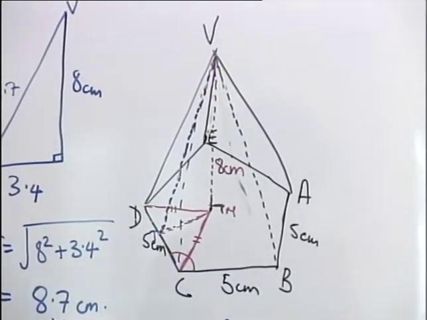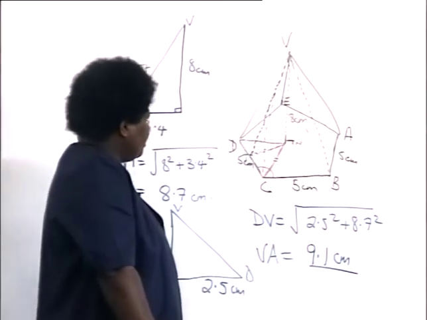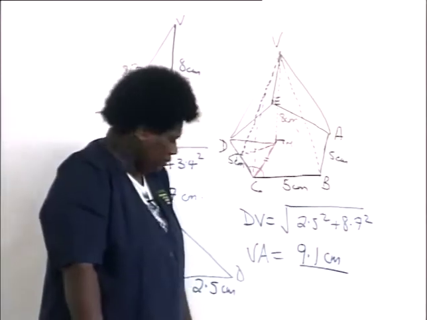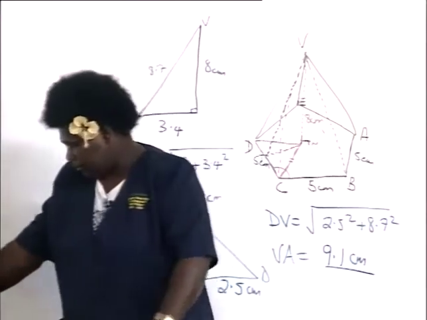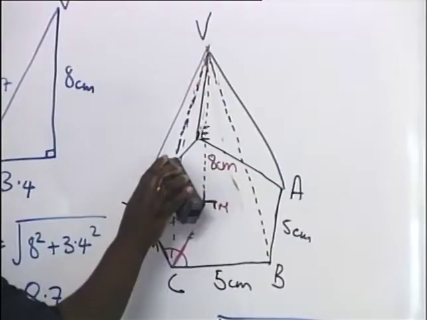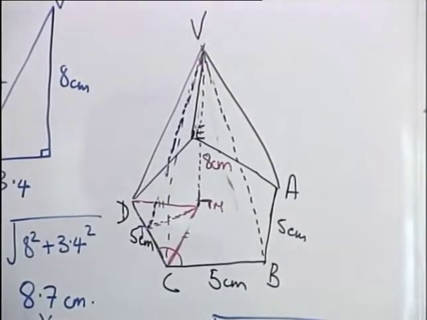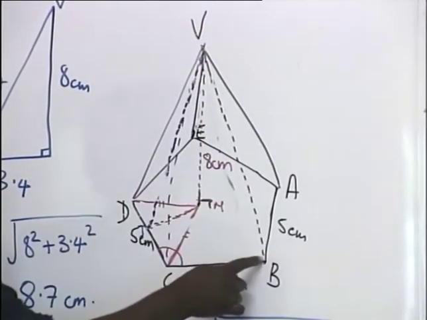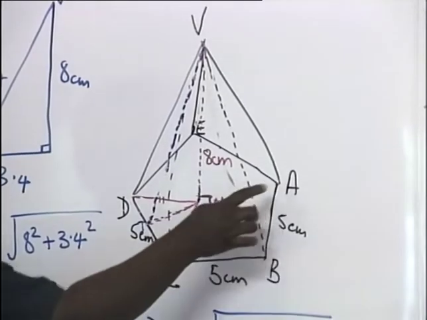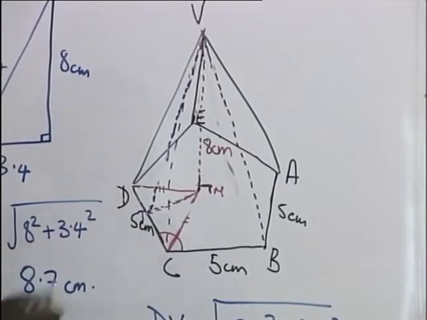We have to find the angle between the face VAB and the base ABCDE. Okay, we can actually calculate it on this side as well.